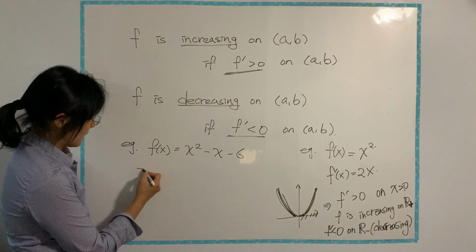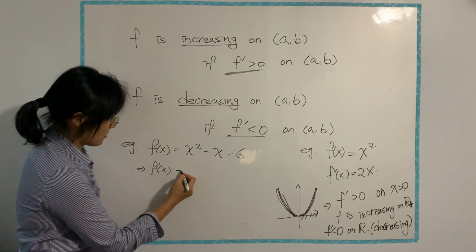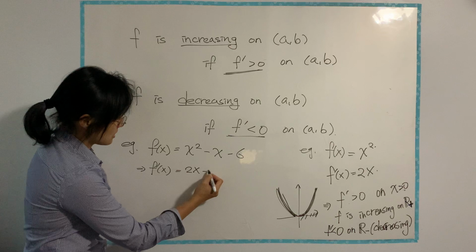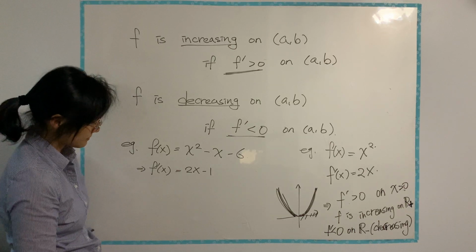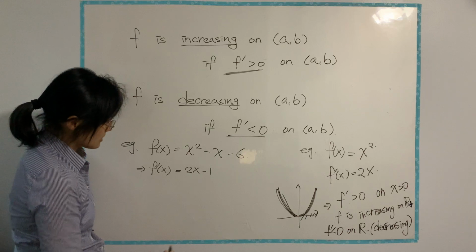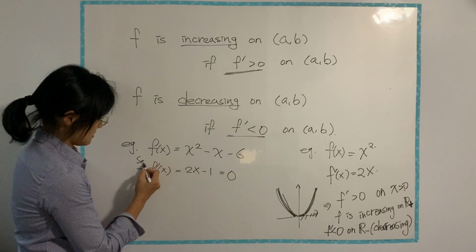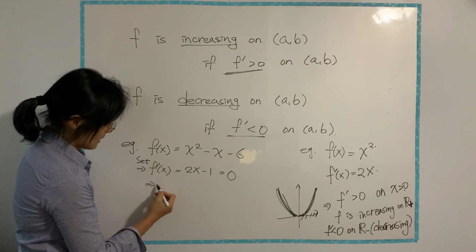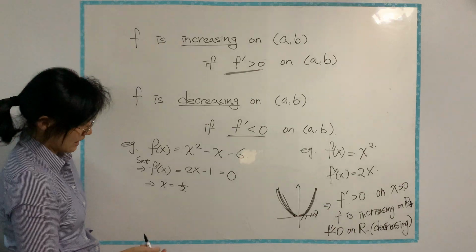Okay, then by straightforward computation, I have f prime equals 2x minus 1. Okay, by setting this equal to 0, I have x is equal to a half.